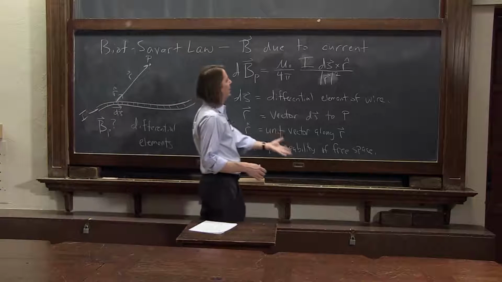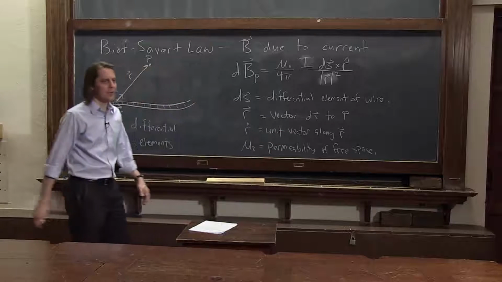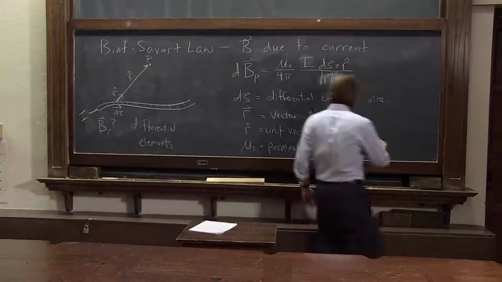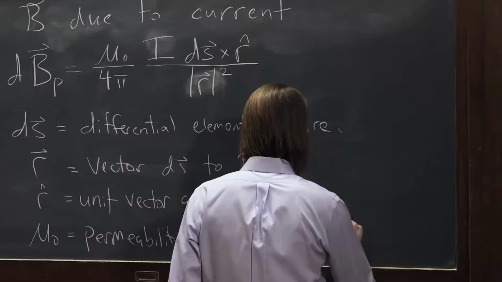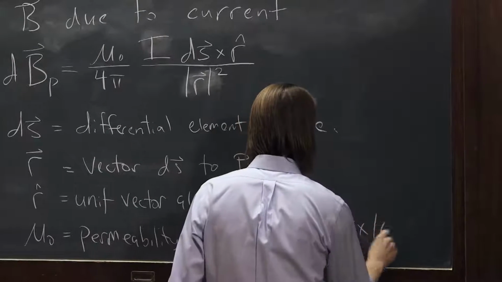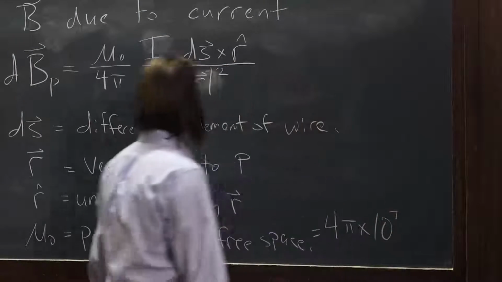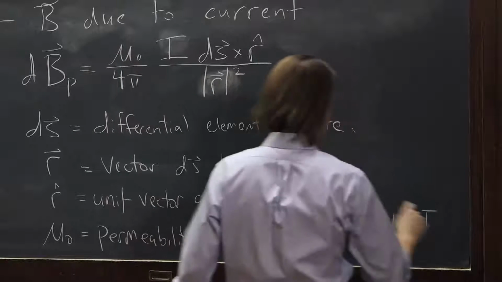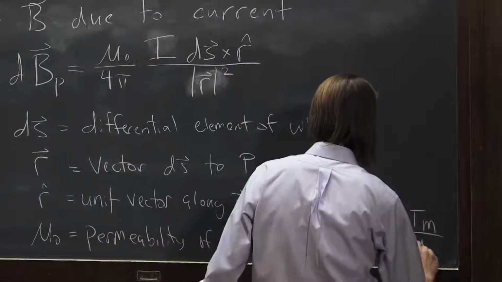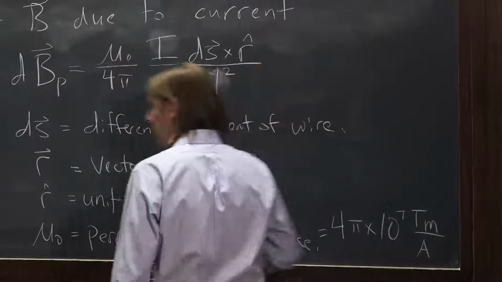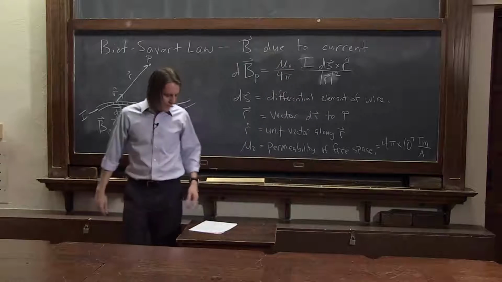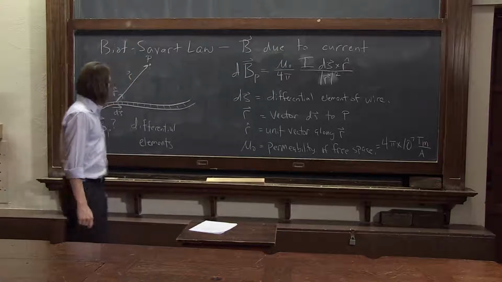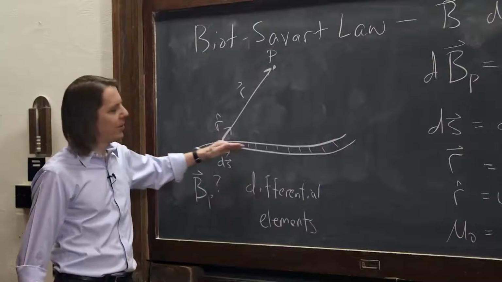Permeability of free space helps you figure out how much magnetic field you get for some current. It's equal to 4 pi times 10 to the minus 7 Tesla meters per amp. That's the constant you want to use. 4 pi times 10 to the minus 7 Tesla meters per amp. So now what we're going to do is keep going and think about how to do this integral.